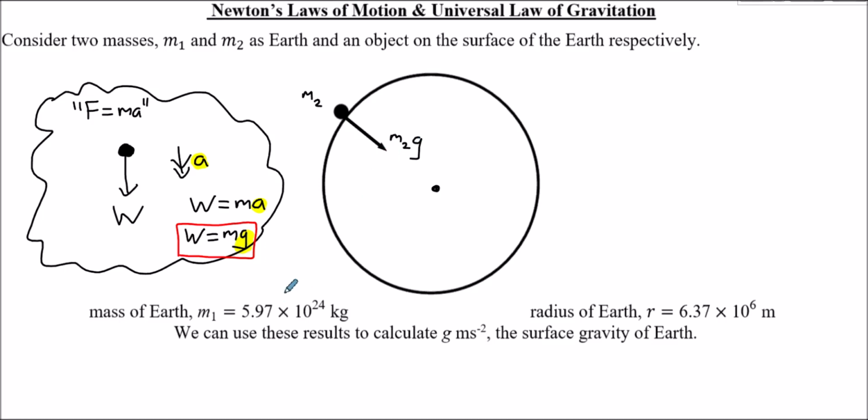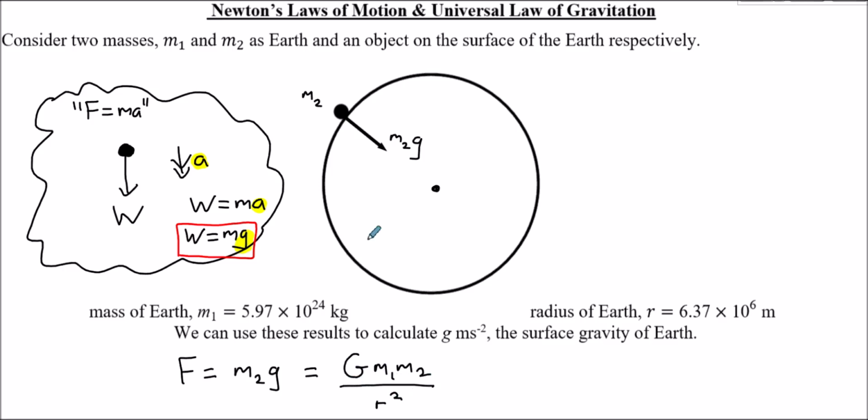Okay, so the force due to gravity is experienced by the weight, so the force is M2g. Now going back to what we had earlier, that's G M1 M2 over r squared.